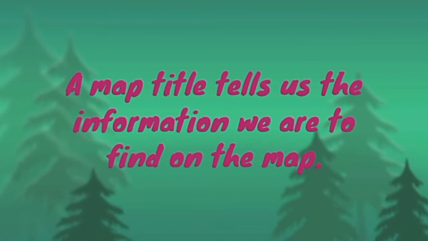So, like you have the map of Nigeria, that tells us about the states in Nigeria, the number of states in Nigeria. You have a vegetation map. It tells you about the vegetation, the different types of vegetation in Nigeria.